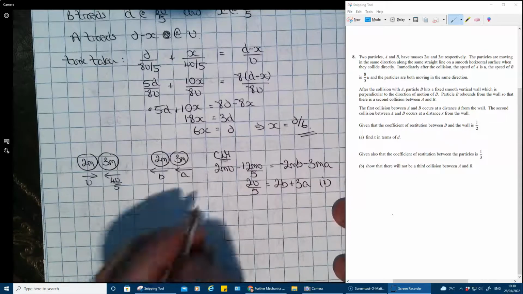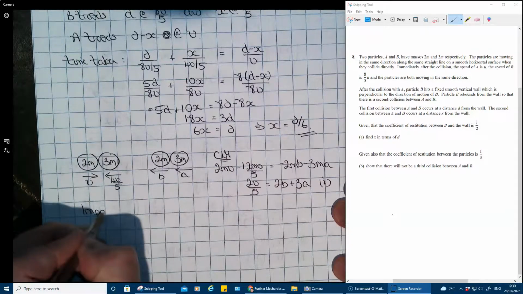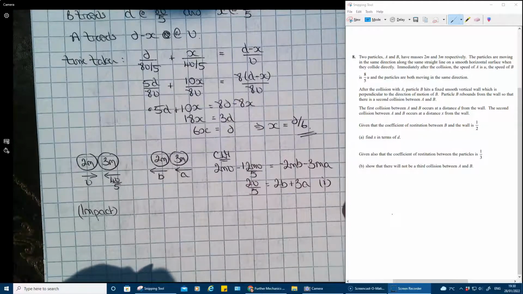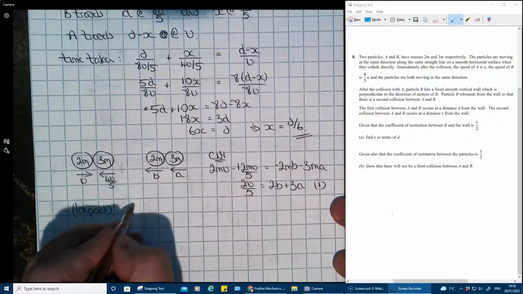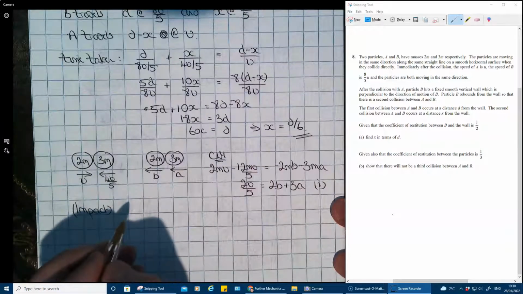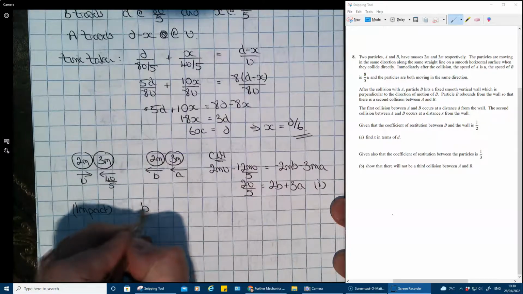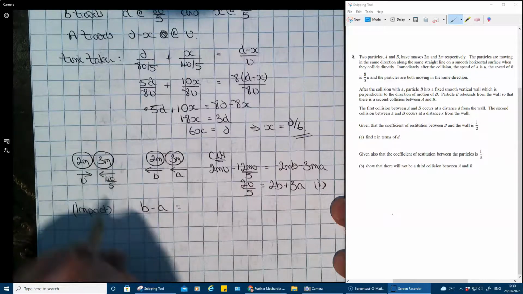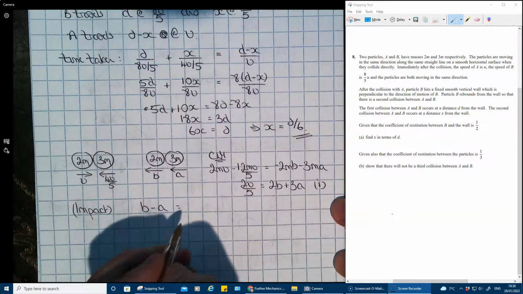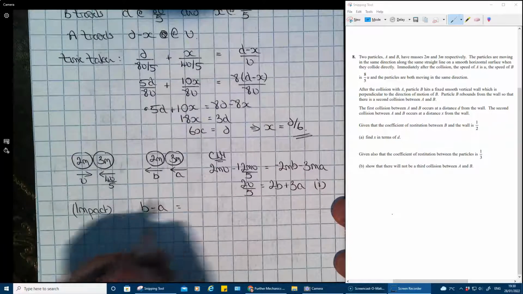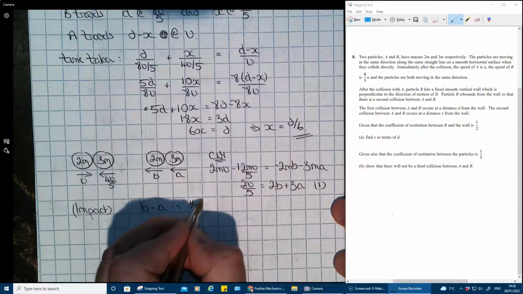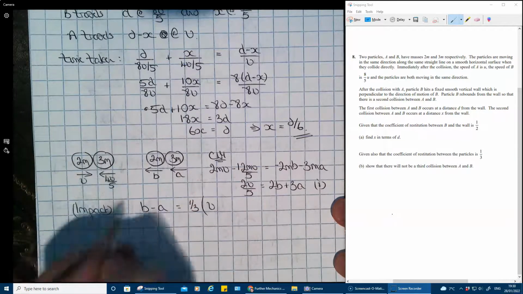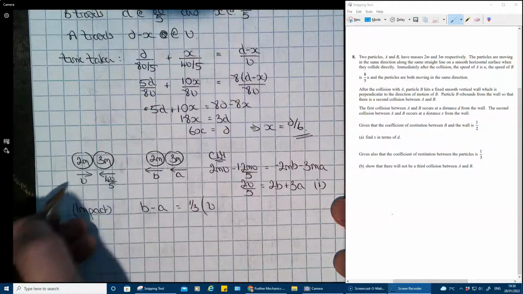We're now doing the impact law. And we've got the speed of separation, which is, we take to the right as being positive in this case. Doesn't matter. B minus A, it's the difference between those ones, equals the coefficient of restitution times the combined. So it's u take away a minus, so it's that take away a minus u effectively.